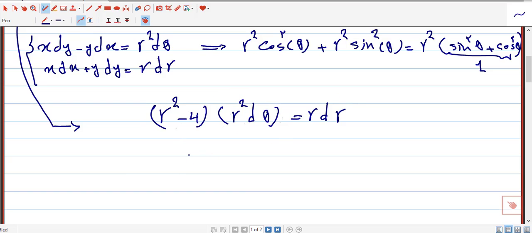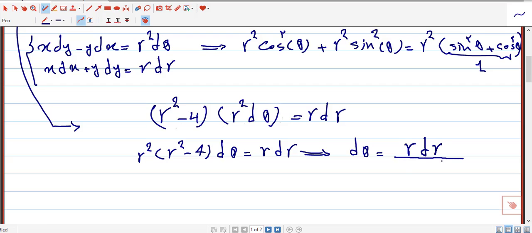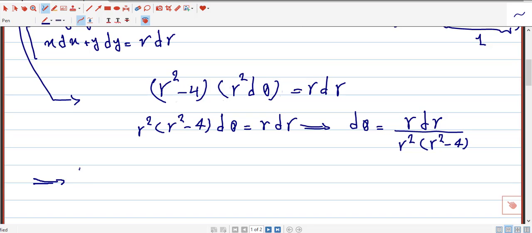So I rewrite first: r squared minus 4 d theta equal to r dr. So I move this part of the equation to the other side. So d theta equal to r dr divided by r squared minus 4. So d theta equal to dr over r times r squared minus 4. Now I'm going to take the integral of both sides.